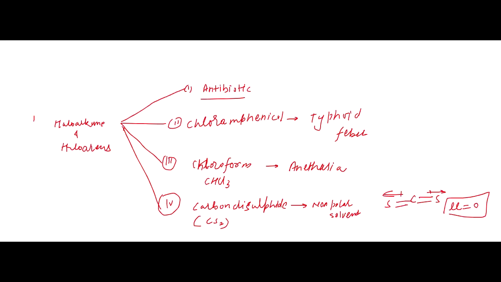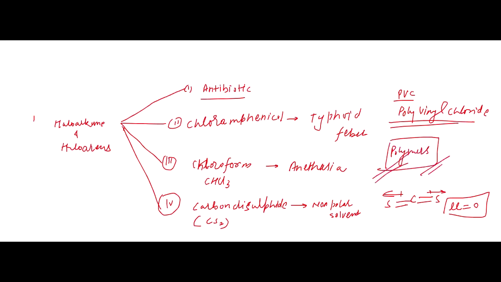Have you heard about PVC? PVC, polyvinyl chloride. Polyvinyl chloride is a halogen compound. Yes or no? So whatever polymers you are using at home are generally halogen substituted hydrocarbons.